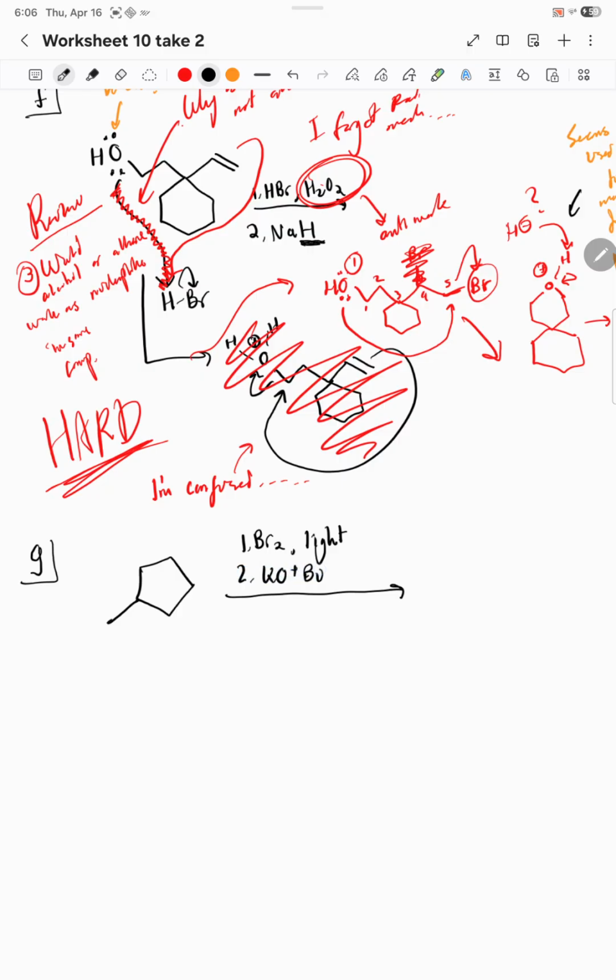Then elimination, where we will use a bulky base, and then epoxidation, followed by sodium, and I forgot what the fourth one represents. Maybe it's just hydration. I'm not even sure if it's hydration. That one we need a strong acid, not a strong base.